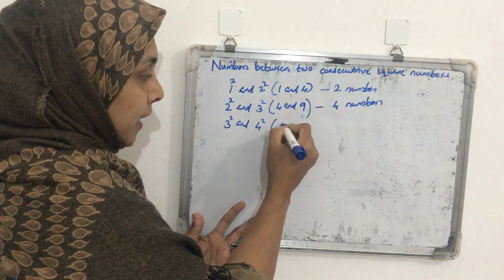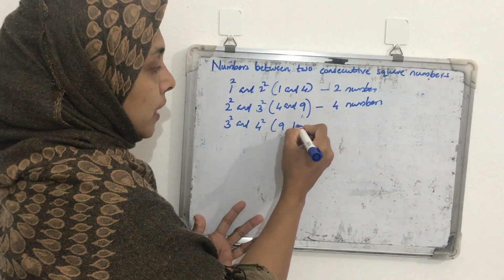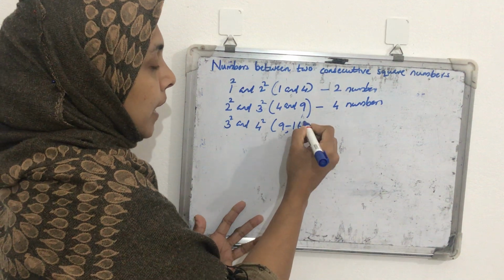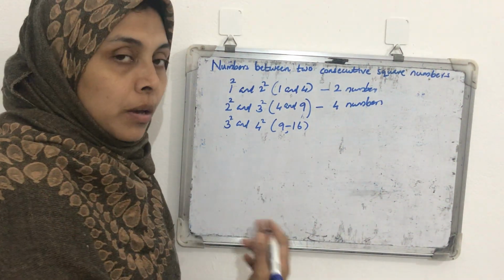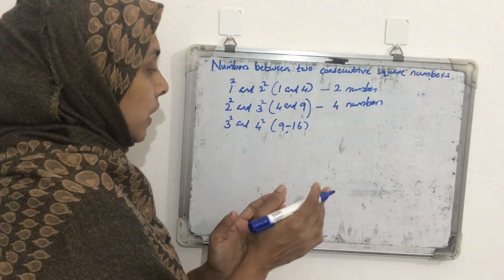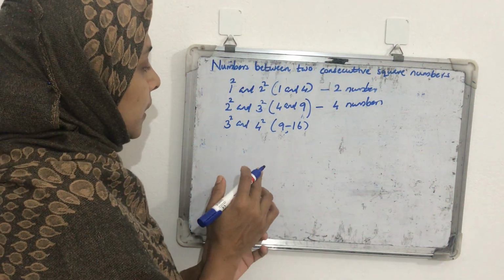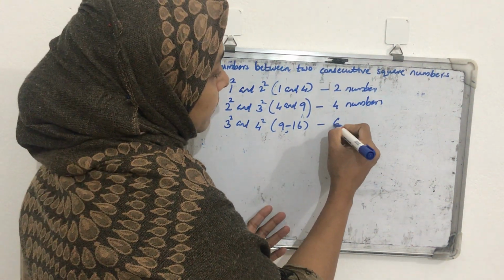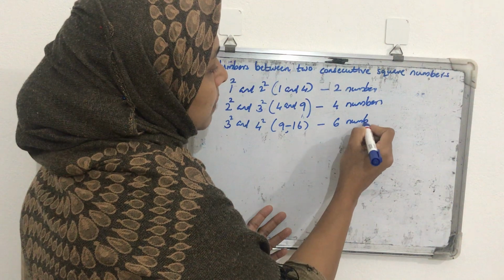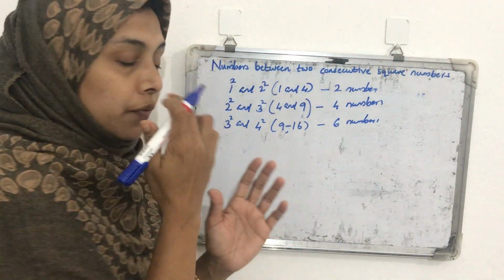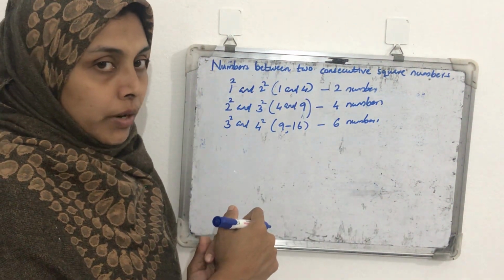3 square is 9 and 4 square is 16. Between 9 and 16, how many numbers will be there? When we count, we can see that there are 6 numbers, from 10 to 15.